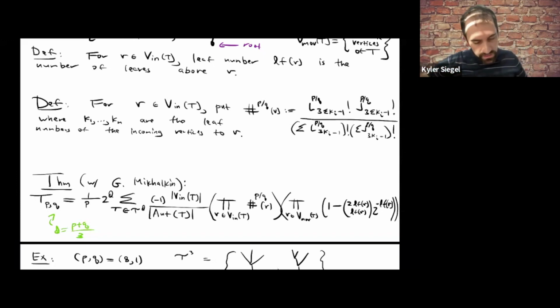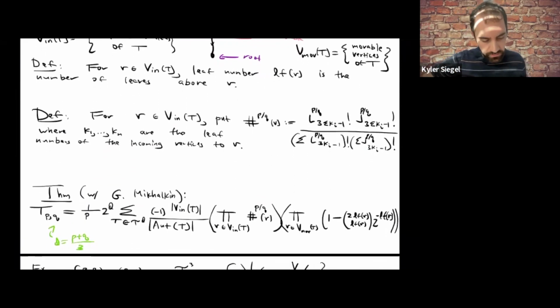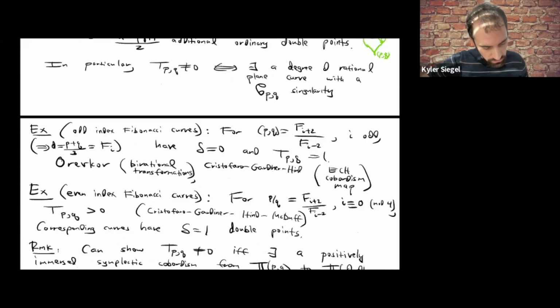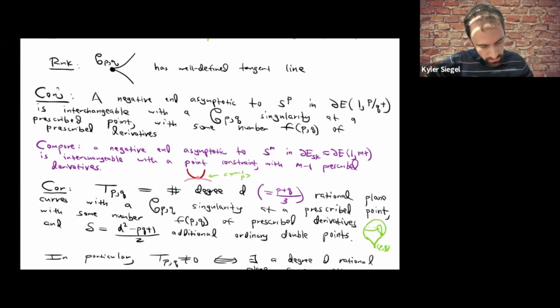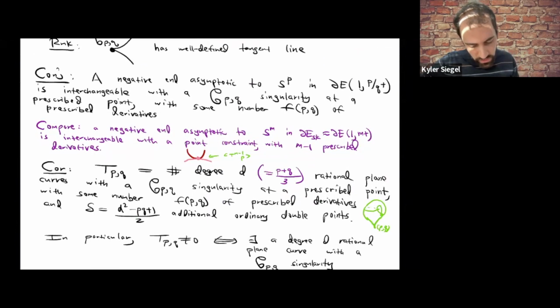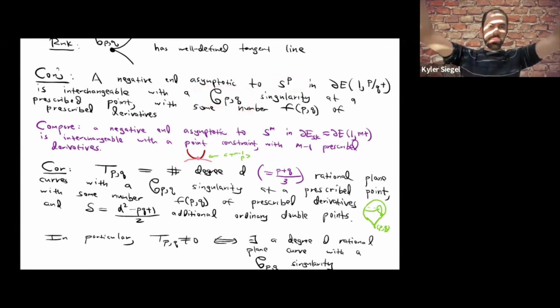The idea for proving the conjecture would basically be that on the one hand, you're looking at curves with some negative n, and on the other hand, you're looking at curves with some singularity, but you could relate both of them to some third thing, which is curves in a blow up. So basically it's just smooth curves in a blow up with some homology class given by this weight sequence of P over Q. And so that serves as some intermediary that relates to both of those things.